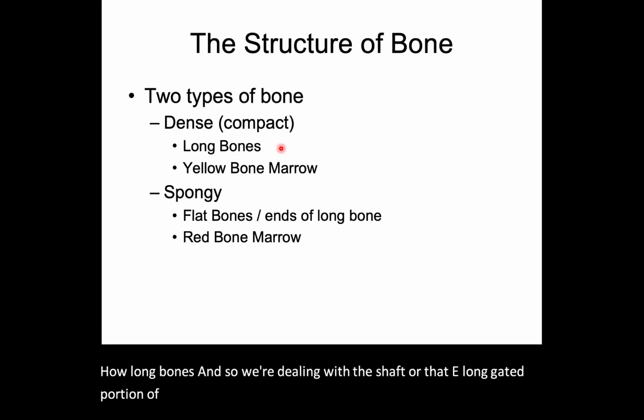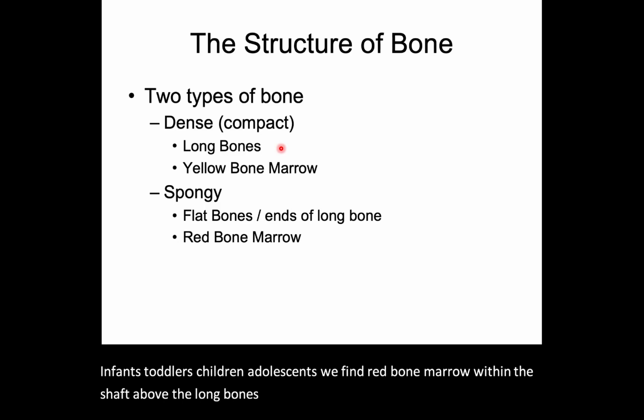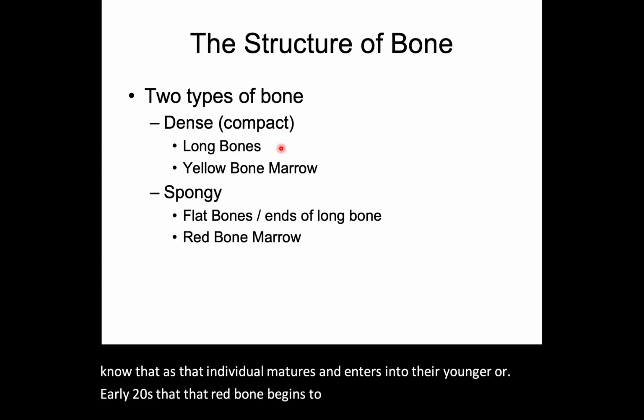And in infants, toddlers, children, adolescents, we find red bone marrow within the shaft of the long bones, within that area of compact bone. And then we know that as that individual matures and enters into their early 20s, that red bone marrow begins to convert over into yellow bone marrow.